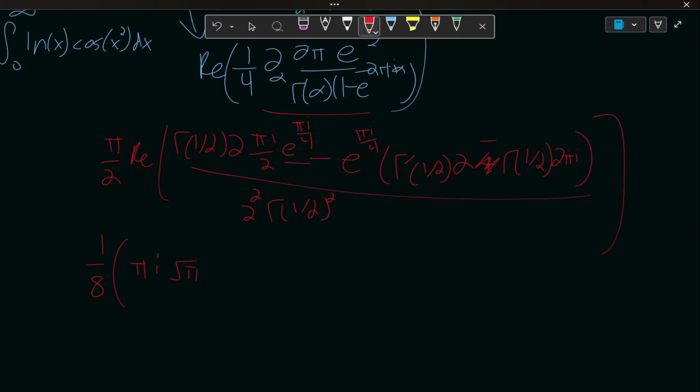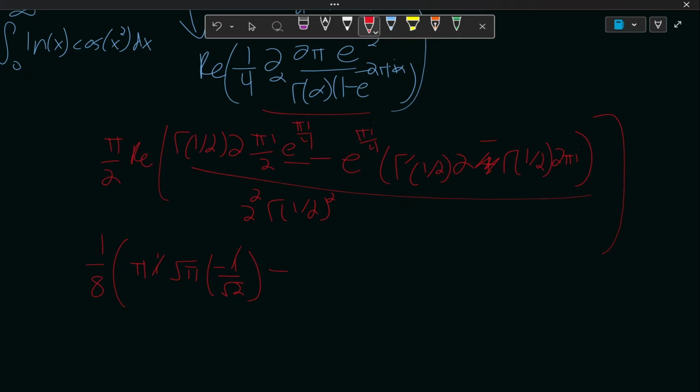But then we have this e to the pi I over 4. But the imaginary part of that, which will cancel with that I right there, is just negative I, so minus I over the square root of 2. So those i's cancel, and then we're going to have our minus.